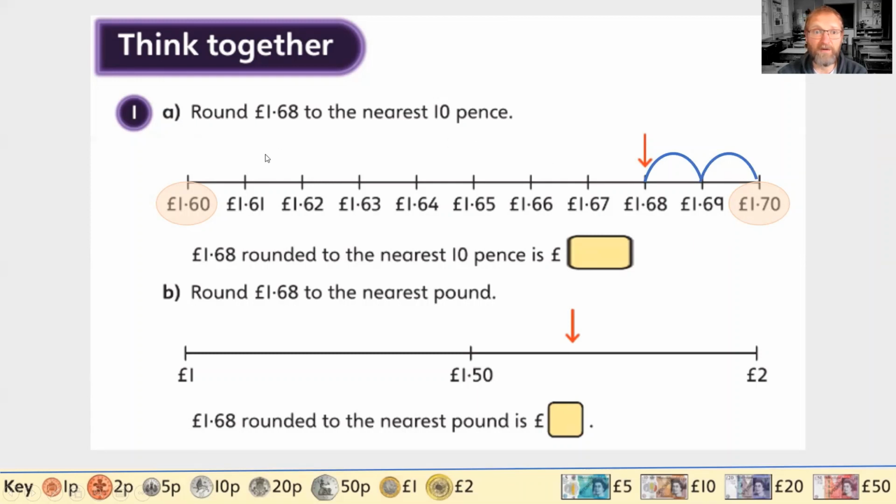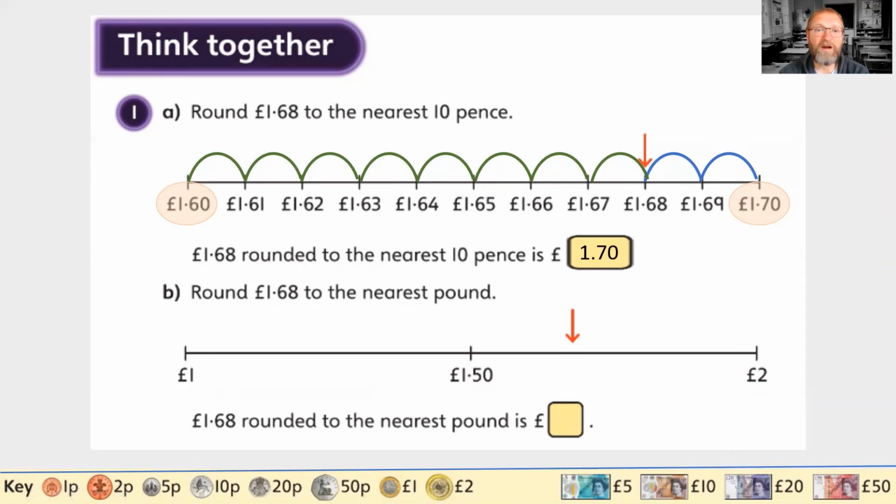To round down to £1.60, that would be 1, 2, 3, 4, 5, 6, 7, 8 pence. So you can see we're rounding to the nearest 10, we would round up to £1.70.